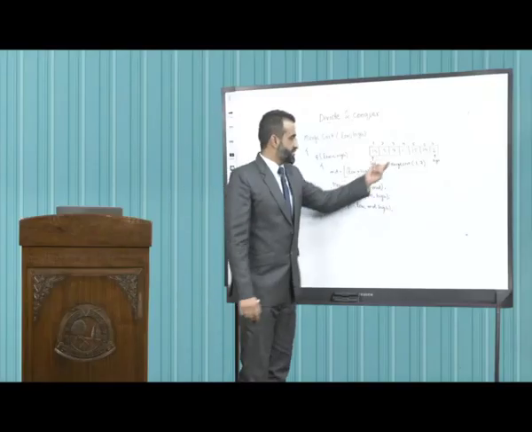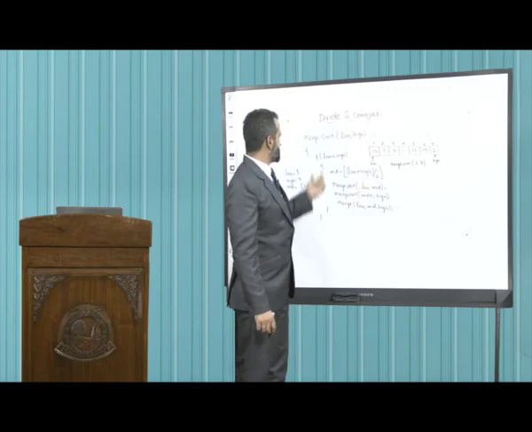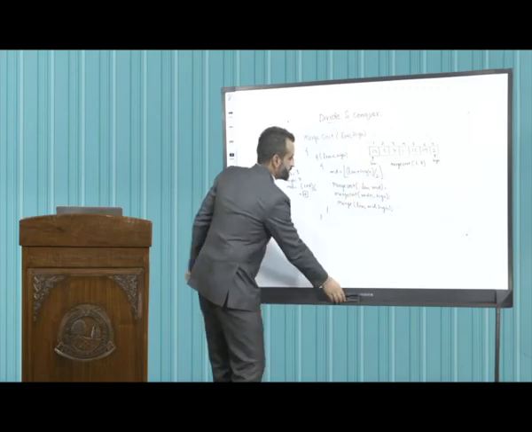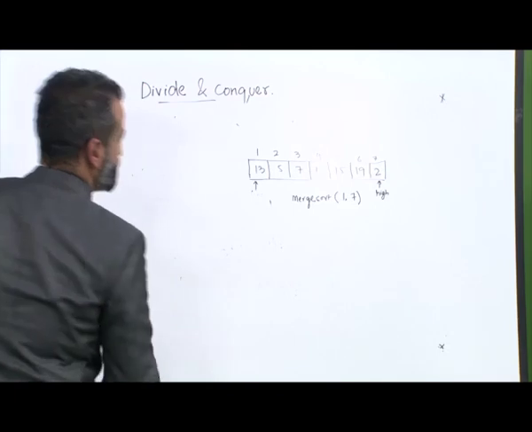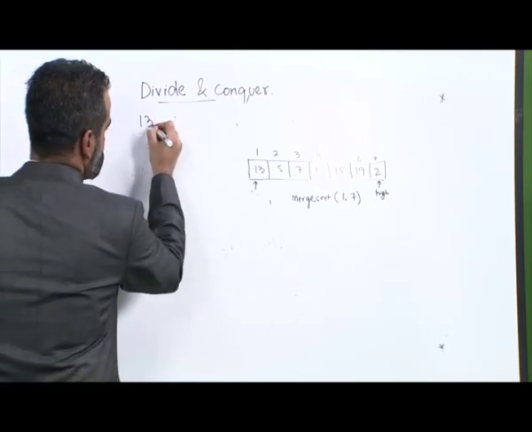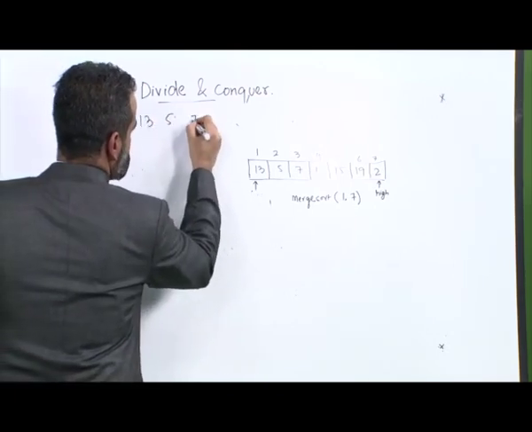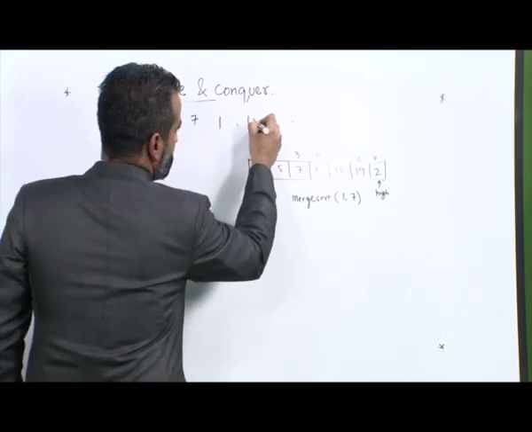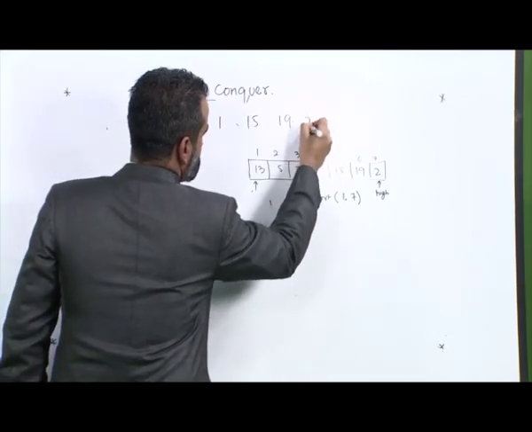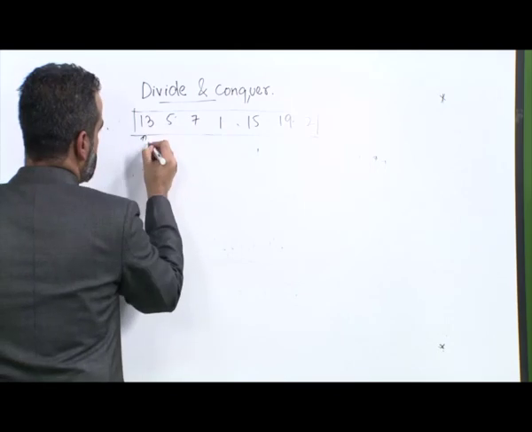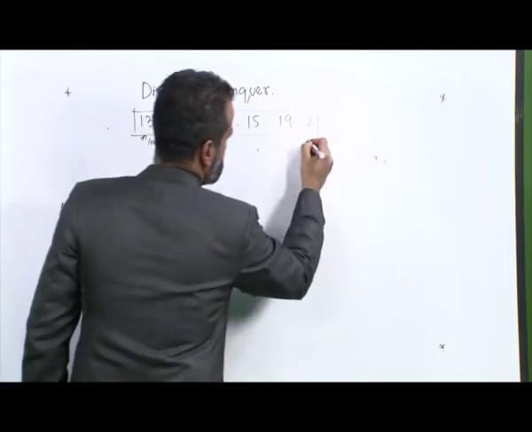Now, before I try to solve this, let's erase this and start solving this problem. If you can just remember those elements, these elements are 13, 5, 7, 1, 15, 19, and 2. This is my low, and this is my high.